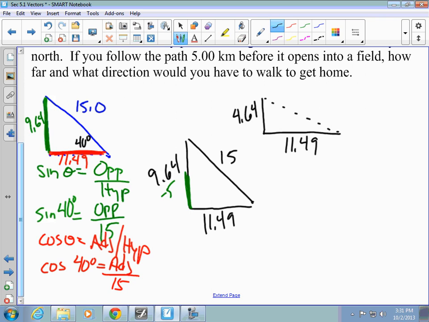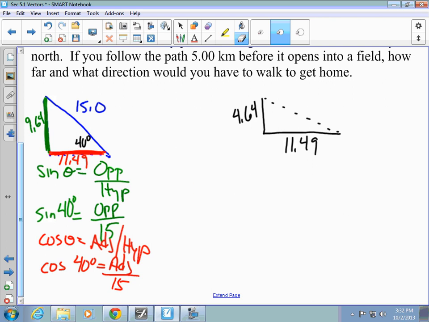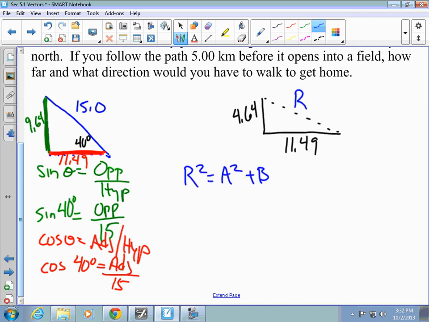Now, the question is still asking, how far of a walk is it once I get through the woods and I have to walk through the field? Well, that's very simple. We're going to solve for r. We have both sides, so r squared is equal to a squared plus b squared.